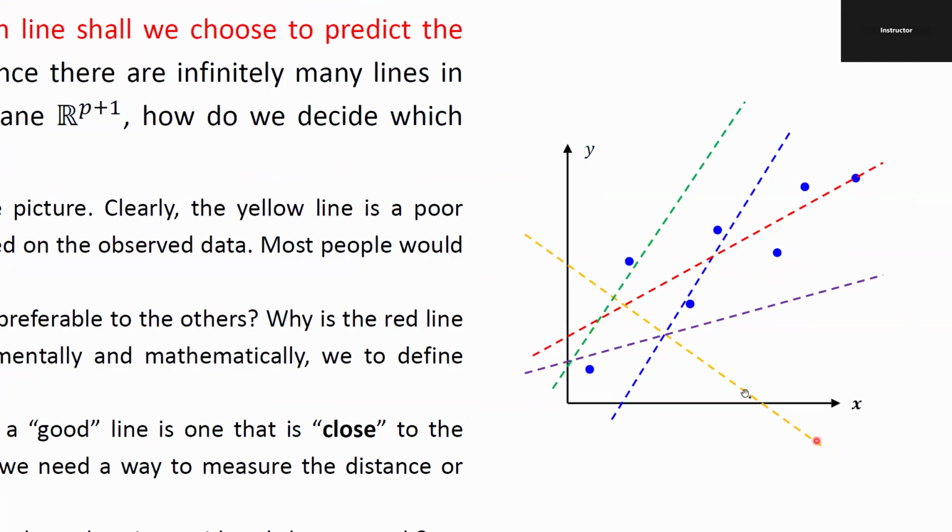I guess nobody would choose the yellow line. If you would prefer the yellow line, you probably need to visit an eye doctor. But why don't you choose, for example, the green or the blue or the purple line? Why would you choose the red?